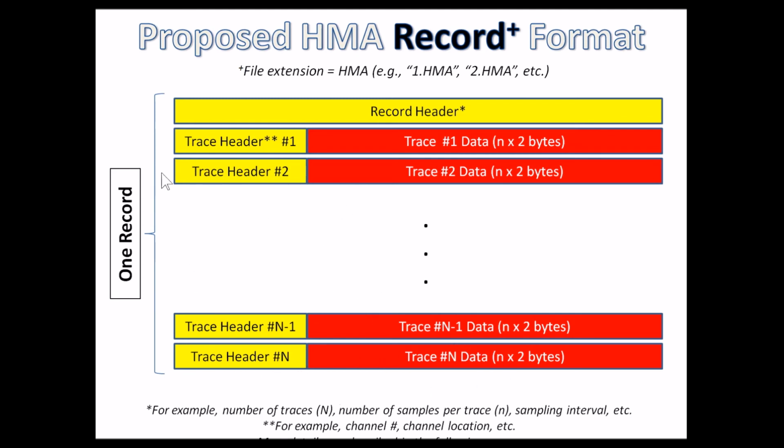The combination of all these elements will make one record. I would also propose to use the file extension HMA so that we can distinguish this particular data set from other types of seismic data.